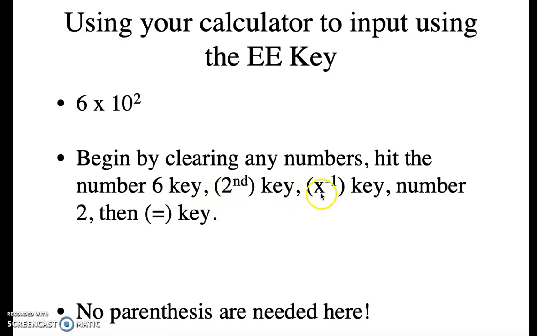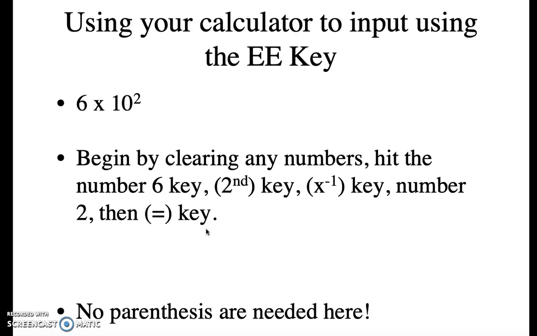Then hit the X raised to the -1 key. This is the designation for the EE key. Then hit the number 2, which is your exponent. Then hit your equals key. And boom. Into your calculator, you will get this number. And you don't need parentheses because it's already in a form.